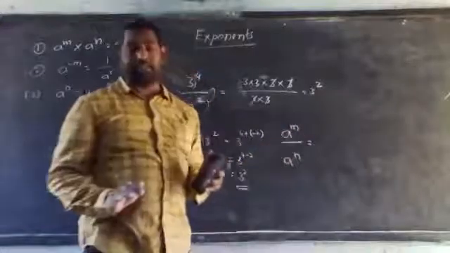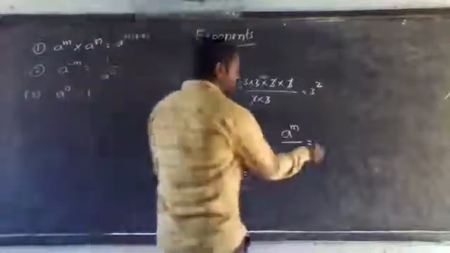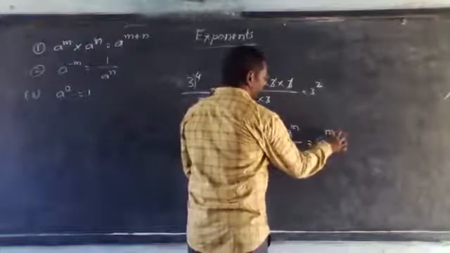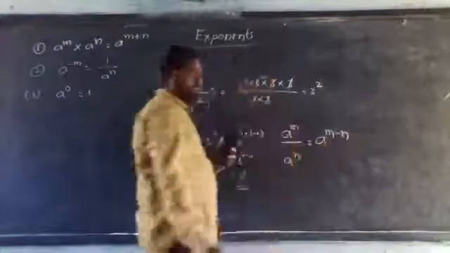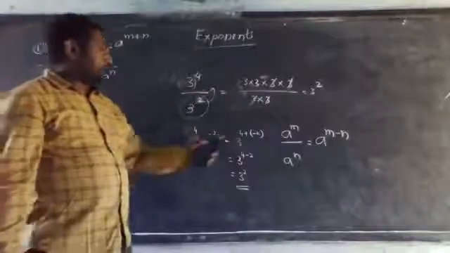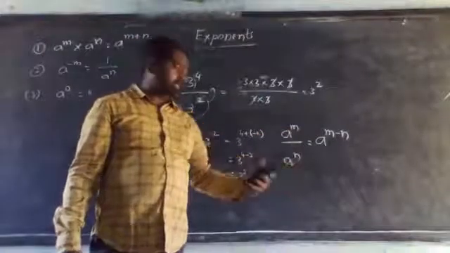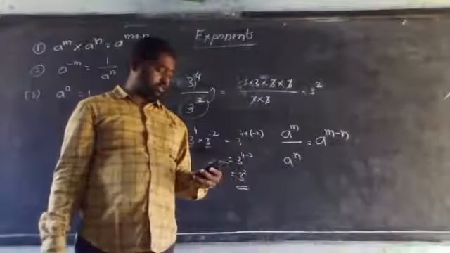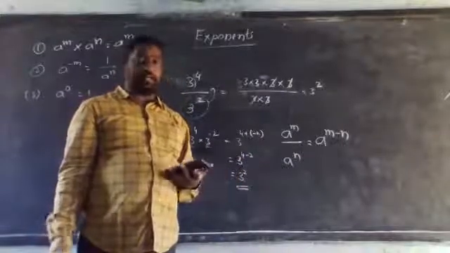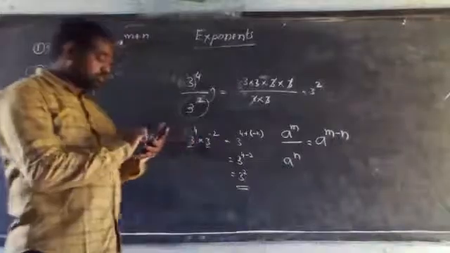That means a to the power m minus n, whatever it may be. So numerator exponent minus denominator exponent we are doing, and we will get the required answer.